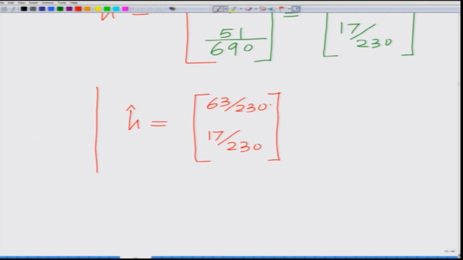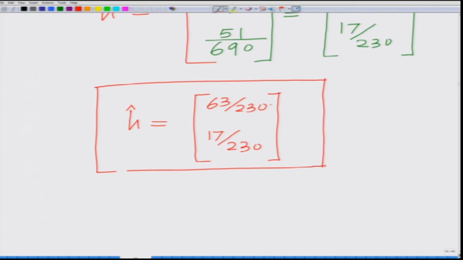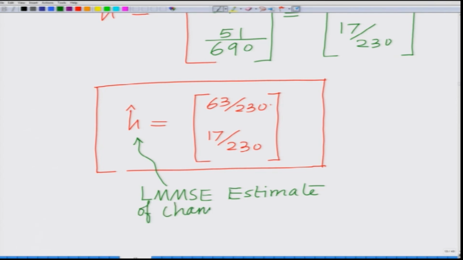It is slightly more complicated to compute than the simple least squares estimate, as people will realize, because of the complicated nature of the expression for the LMMSE estimate. So, this is basically your LMMSE estimate of the channel vector h bar.